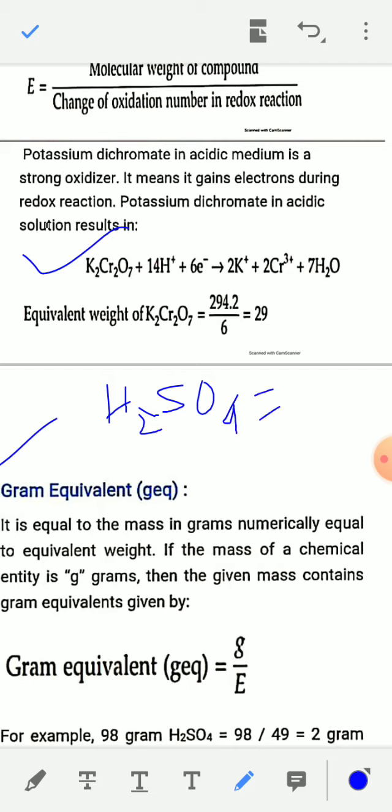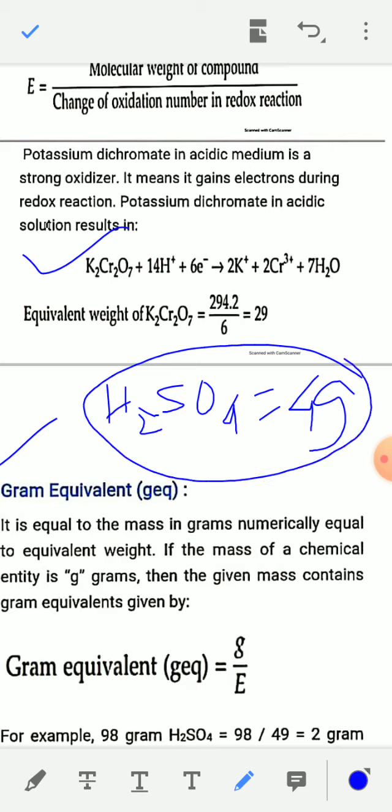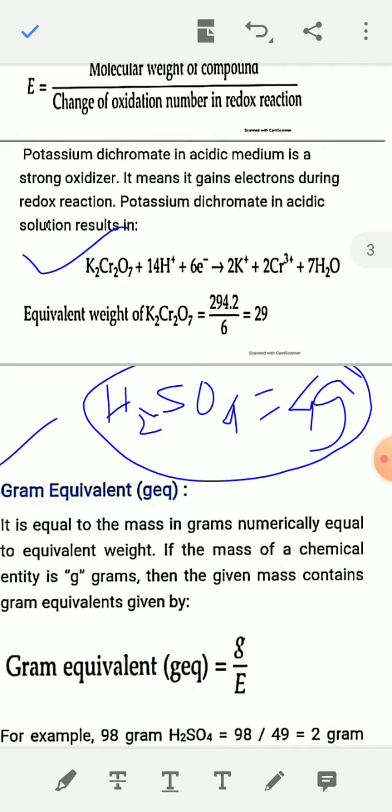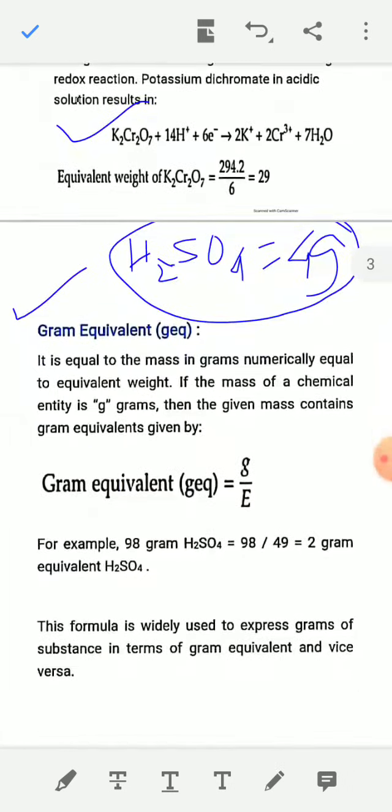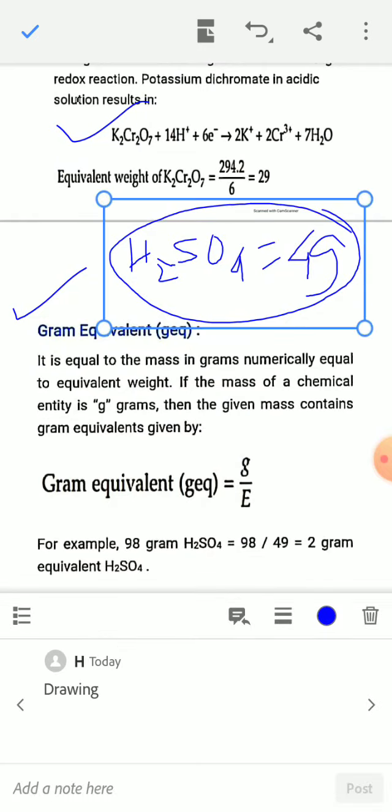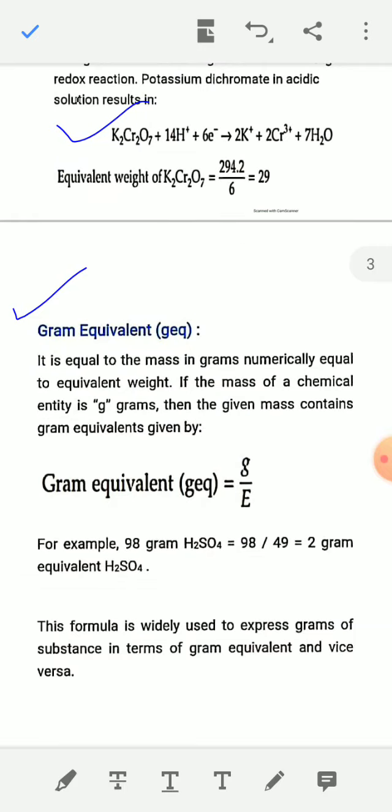That means 49 gram H2SO4 is 1 gram equivalent of H2SO4, and 98 gram H2SO4 is 1 mole of H2SO4.